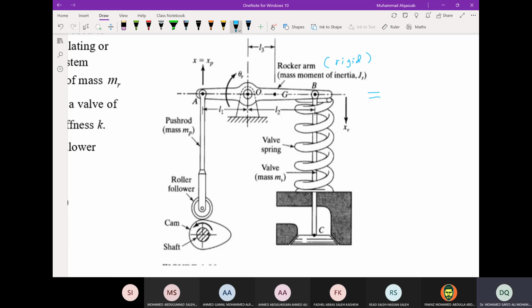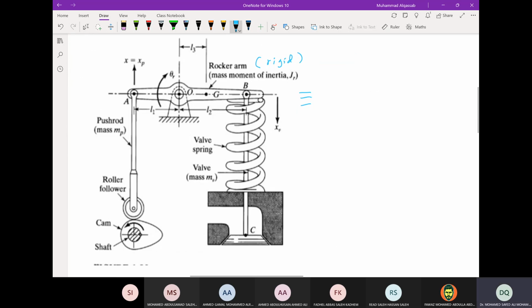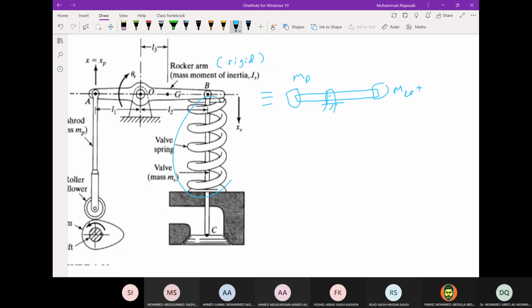The equivalent to this is a rocker arm pivoted here, and it carries a mass MP and a mass MV, which is for the valve, plus the mass of the spring.